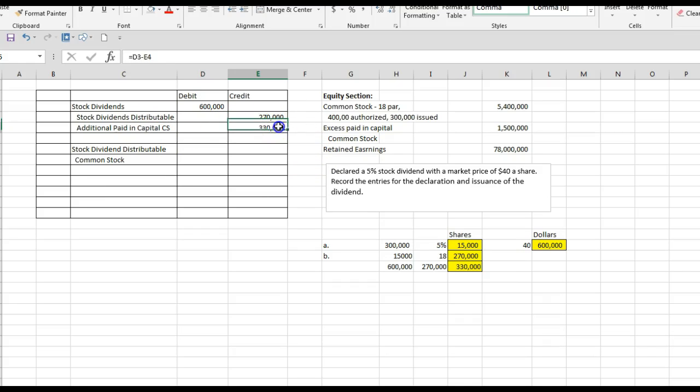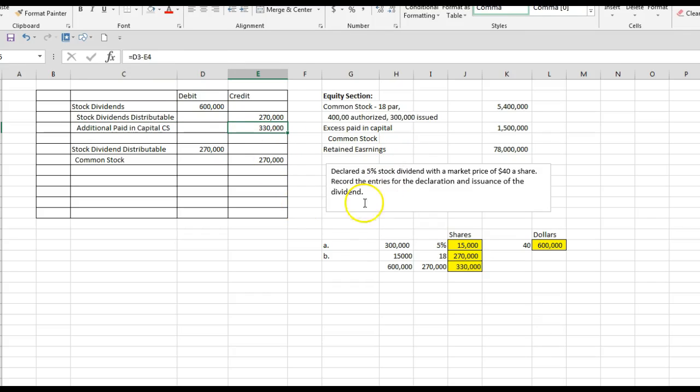And that gives us additional paid-in capital, the amount above and beyond the par. So when I get ready to distribute this, I'm going to distribute just that 270,000 worth of stock, because the other, this right here, has already been entered into the account.